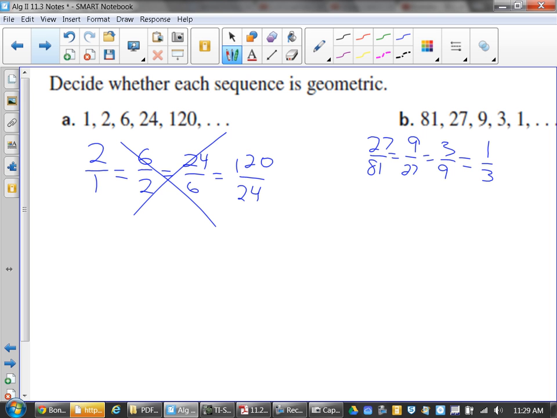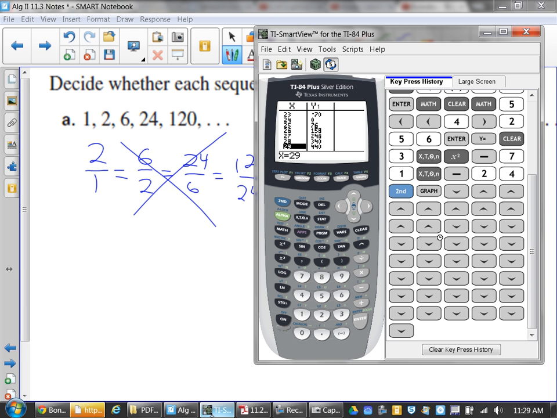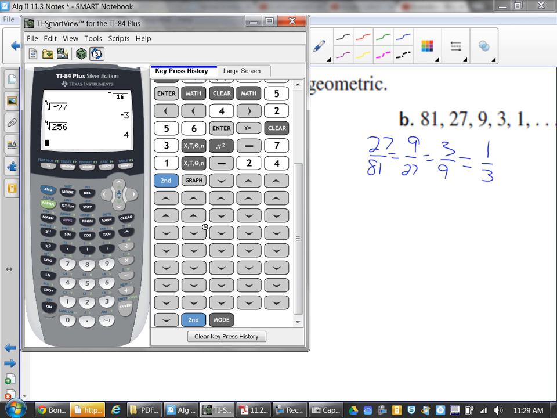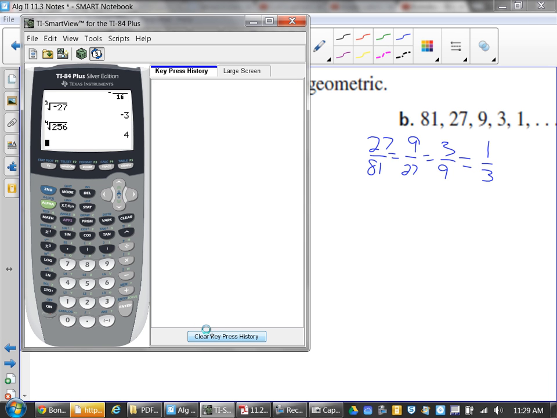Do you guys know how to check simplifying fractions in the TI-84s? Isn't it just you type in a fraction and you hit equals and it'll simplify for you? There's actually an easier way of doing it. If you go to your calculator, clear all this junk out, I want you to type in alpha y equals. And that's how you get your fraction bar. Everybody see that?